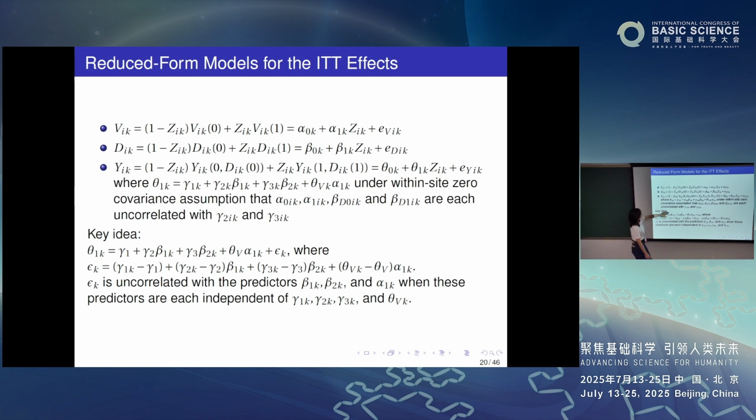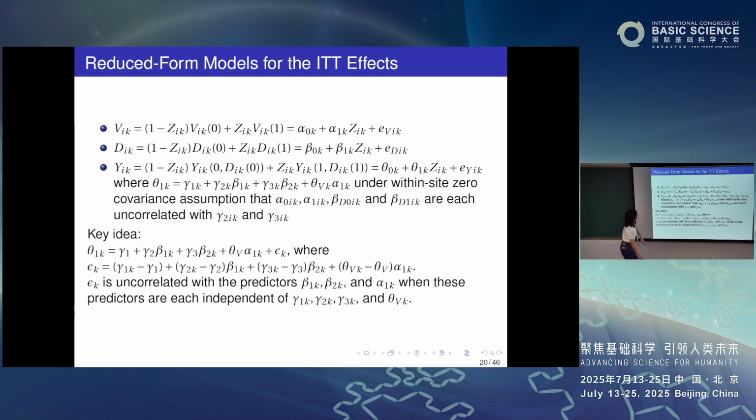But those are site level instead of the average of gamma, right? So what can we do? Well, again, just like what we did here, we absorb the difference between gamma 1K and gamma 1 into the residual. And you could see that this is equivalent to adding an epsilon K here, okay?